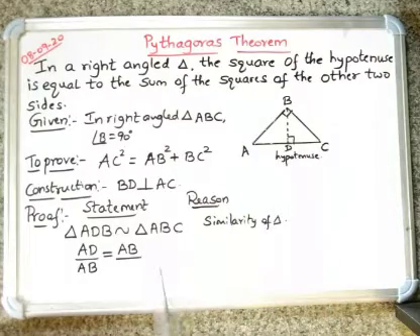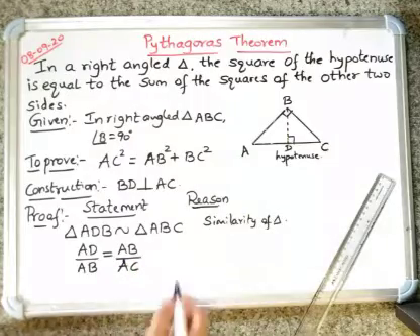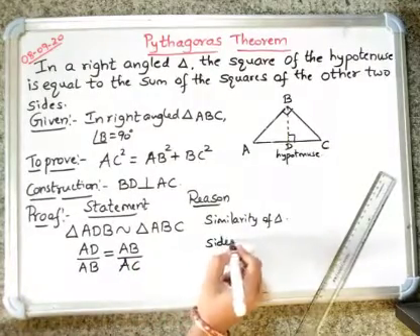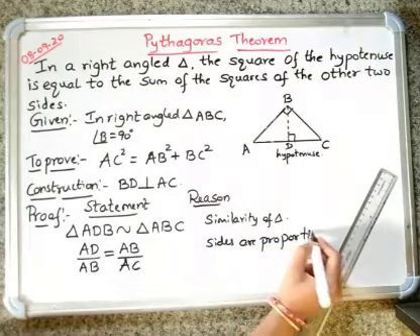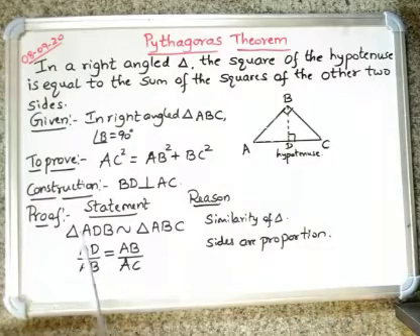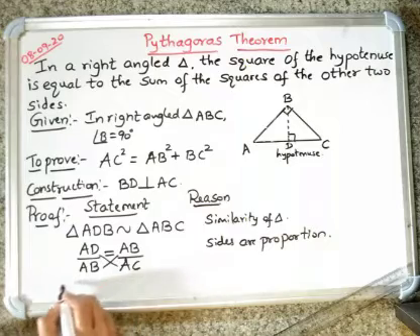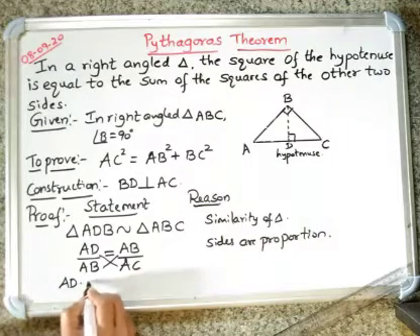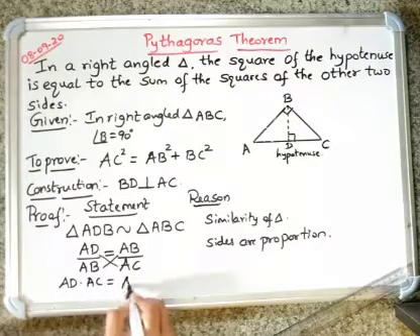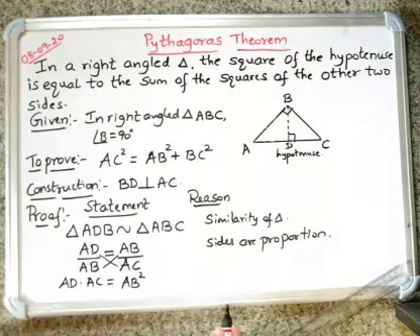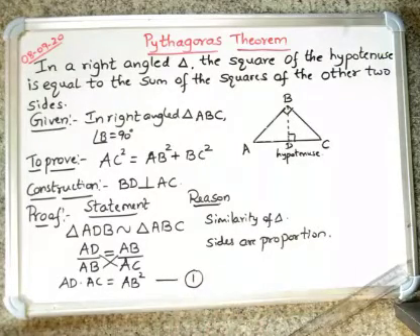Now for ABC, which is the hypotenuse? That is AC, right? Now the reason is sides are proportional. Now what will I do? Cross multiply this. If I cross multiply, what do we get? AD into AC is AB into AB. What is AB into AB? AB square. This I am taking as equation 1.